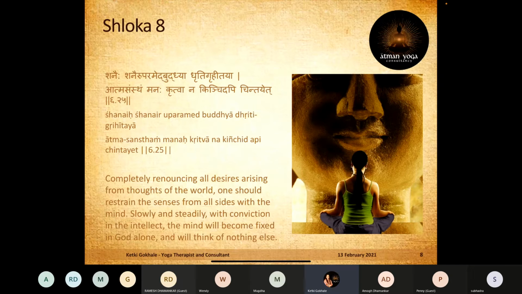Initially, we need to apply a little bit of force, not the force, but the effort, and then it will happen effortlessly. Again, with the power of discrimination, we understand that God alone is ours, and God realization, self realization is our goal. Hence, we bring the mind to focus upon God.